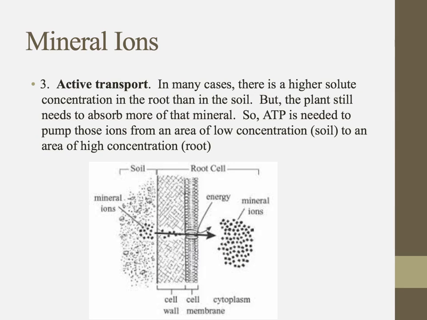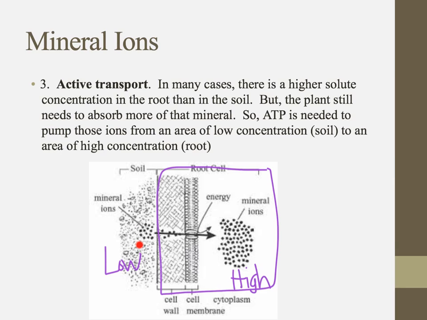And the last one we're going to talk about is active transport. So here's my root cell, and my root cell already has a pretty high concentration of a certain mineral, but I want more. I'm a greedy cell. So out here in the soil, this low concentration of mineral ions exists.